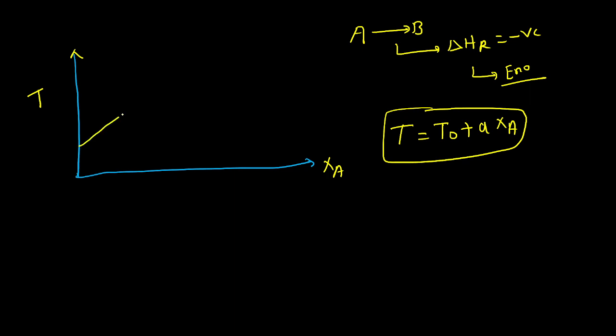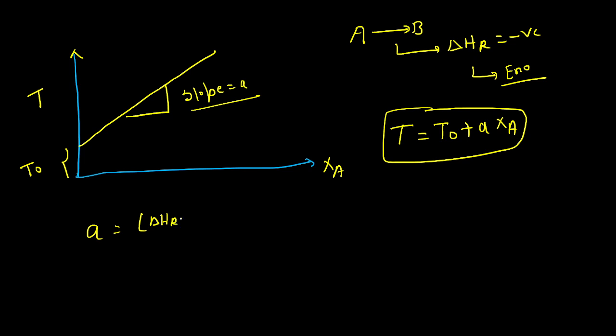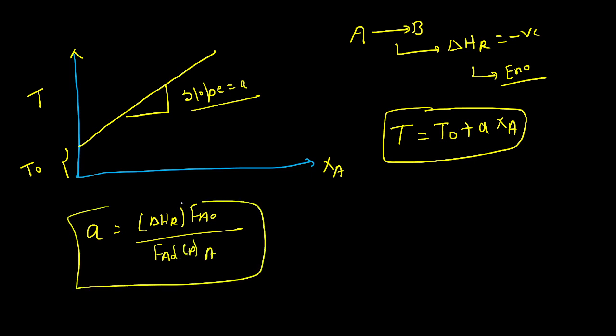It will look like that. Here the intercept will be T naught and the slope is equal to A, and the value of A was delta H of R Fa naught upon Fa naught Cp of A. That is the slope.